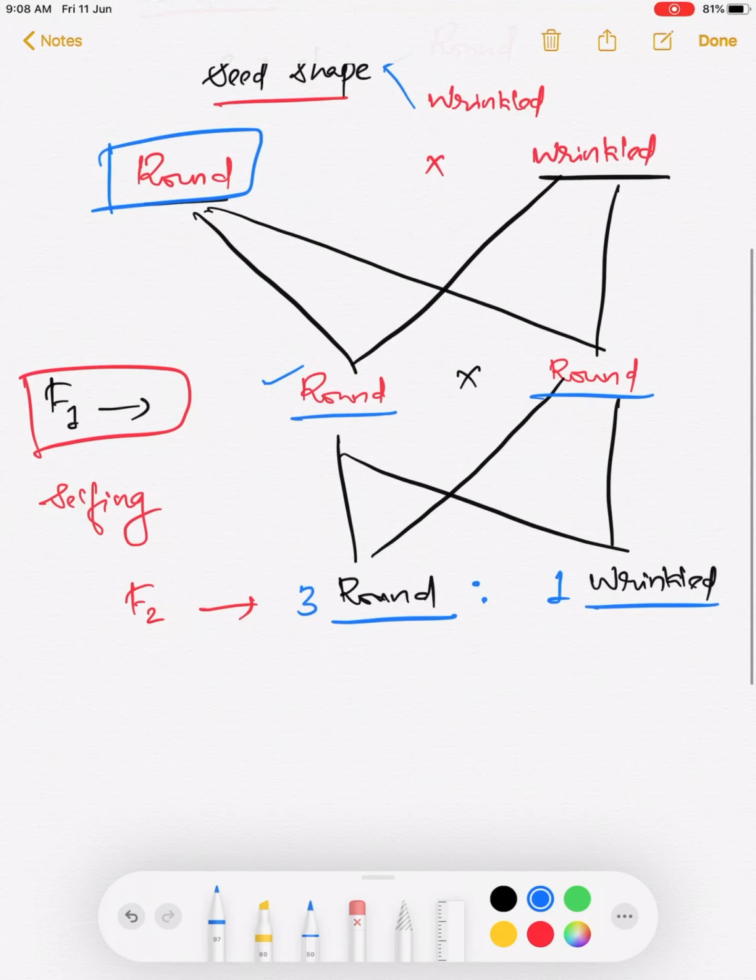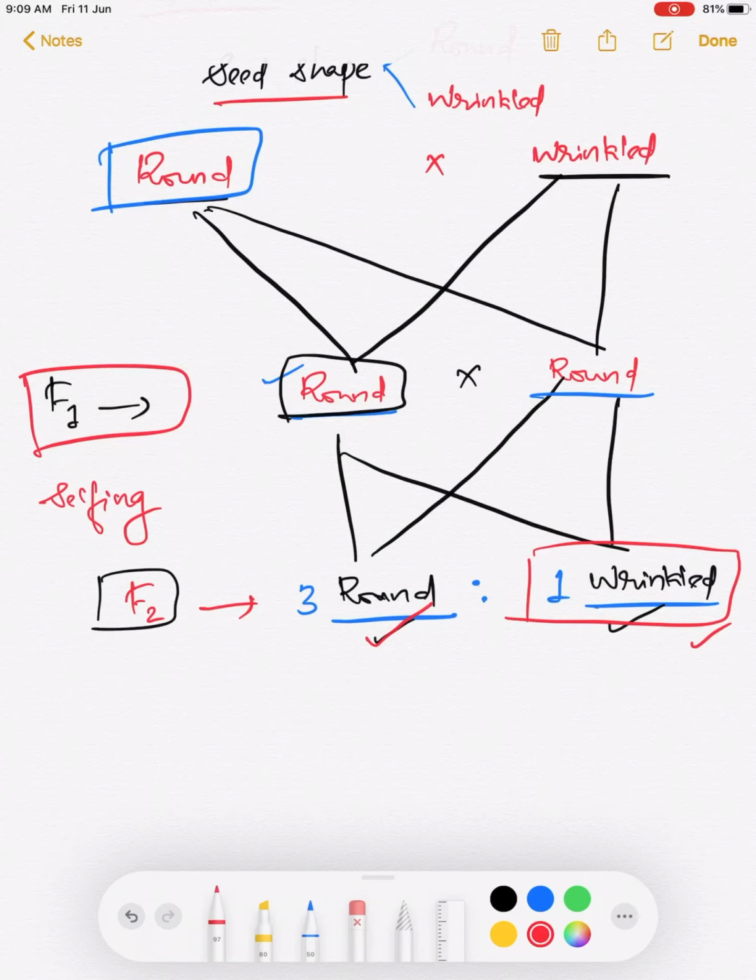Now when we check the F2 progeny, in this F2 generation, he got round and also wrinkled seeded plants. How are these wrinkled seeded plants produced in the F2 generation, though there are no wrinkled seeded plants in the parents? You can find only round seeded plants in F1, but 25% of the progenies in the F2 generation were having wrinkled seeds. Then what is the reason behind the formation of these wrinkled seeded plants?